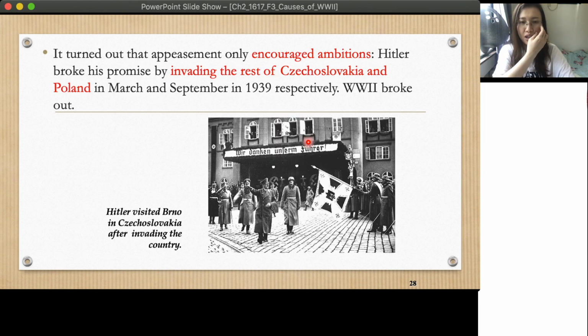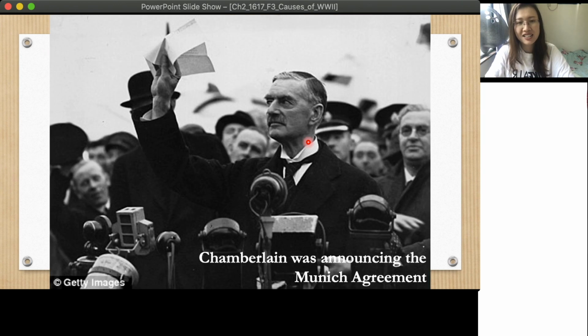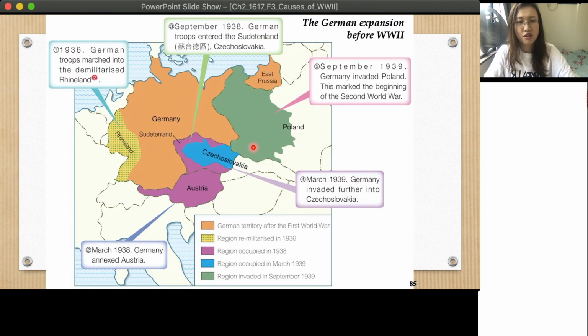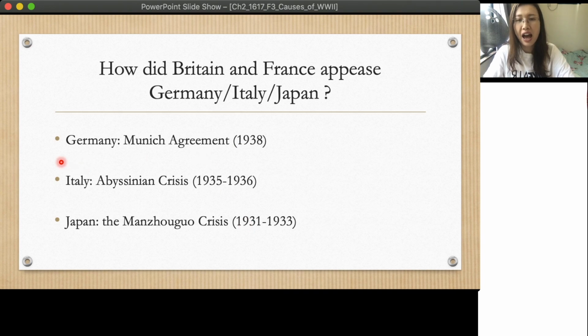So you can see Chamberlain, the only thing he can do is cry about why he believed in such a fraud, right? So firstly Sudetenland, and then the whole of Czechoslovakia, and then Poland, and then the Second World War, right? So this is about how they appeased Germany in the Munich Agreement.